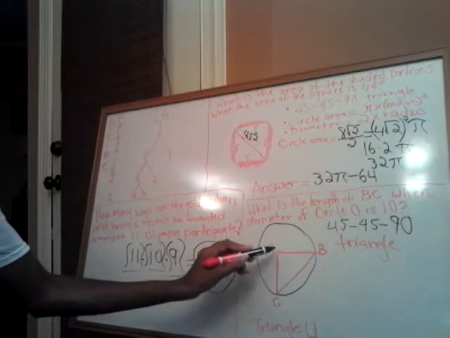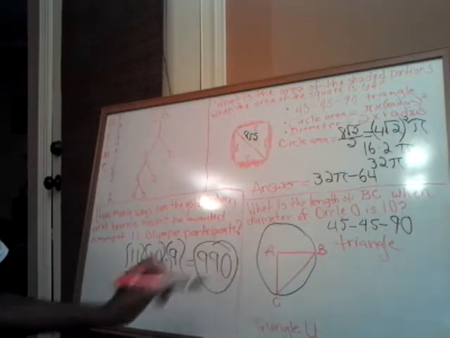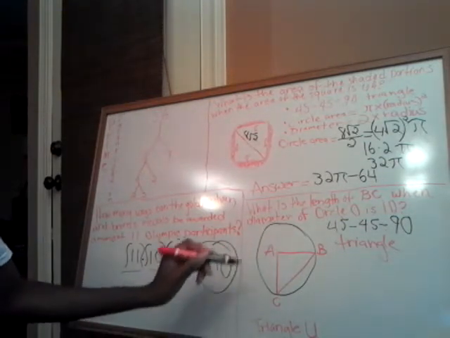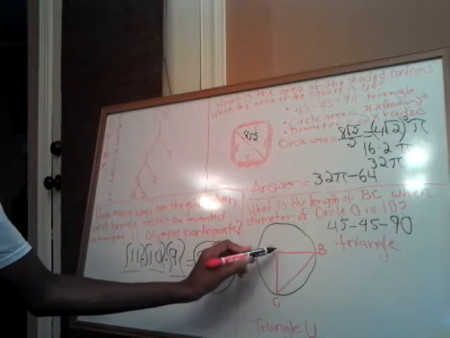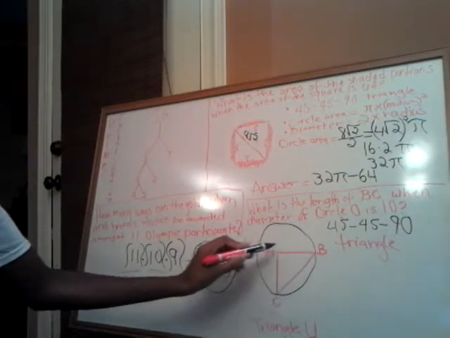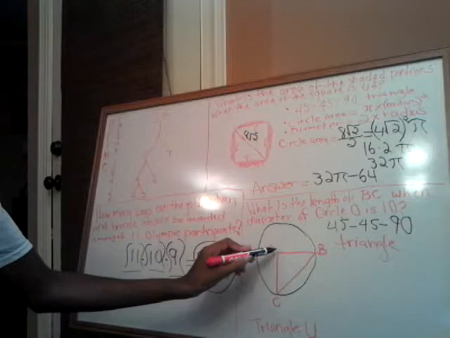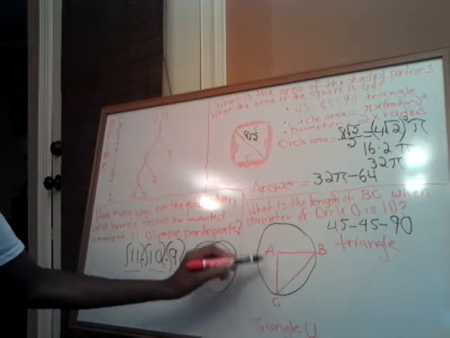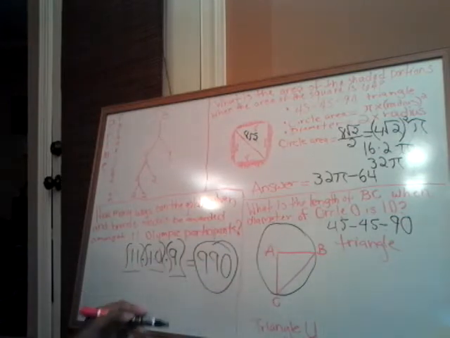I'm sorry, my circle doesn't look too symmetrical, but assuming that this is the center of the circle, any segment coming from the center of the circle to the outside of the circle is a radius. So I could say the radius is coming from A to B and the radius is coming from A to C. So that tells me that AC and AB are of equal length.